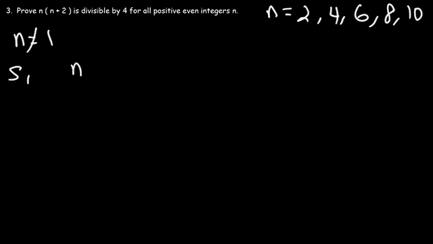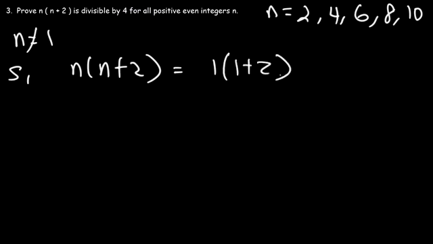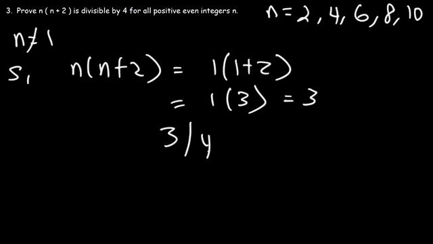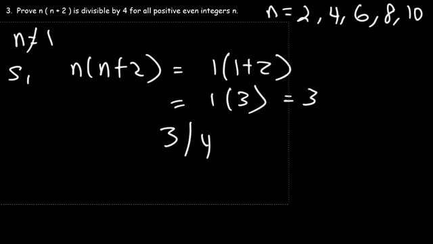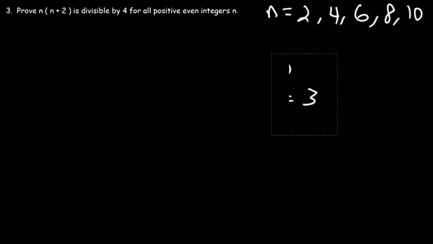So it's going to be n times n plus 2, and so that's going to be 1 times 1 plus 2, which is 1 times 3, and 3 is not divisible by 4. We don't get a whole number. So n equals 1 is not the first term for this example. The first term is n equals 2.